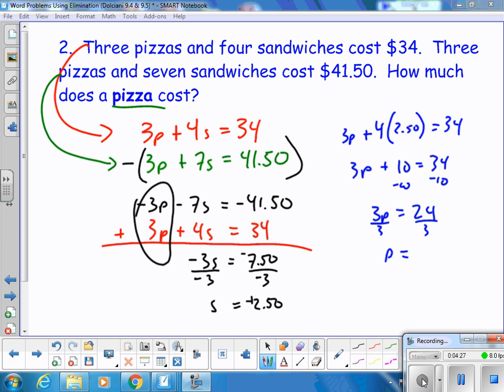My pizza price is 8. And that's ultimately what I'm looking for, the price of pizza. I can do all the math here, but I have to make sure I'm answering the question that's being asked. And that's reasonable for this one. I'm going to move on to the next one.